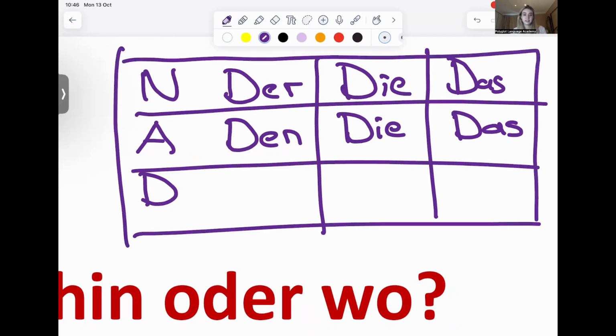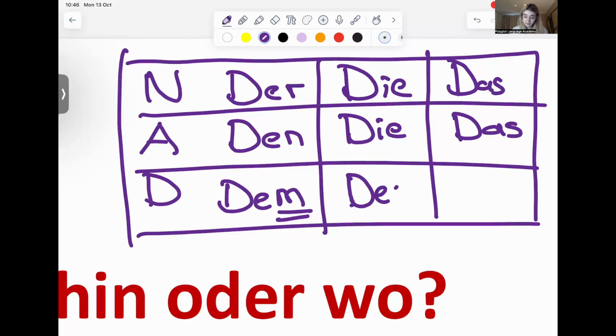You should have it somewhere if you don't already have it drilled in your brain. Okay, so der, den, and then it changes to dem on an M. Die changes to der, and das also changes to dem.